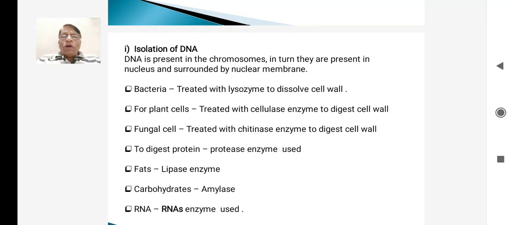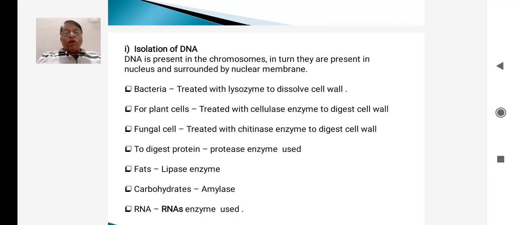Similarly, if you are isolating the DNA from plant cells, plant cells are protected by a cell wall. The cell wall is made up of cellulose. So the cell is treated with cellulase enzyme. It will digest the cell wall.